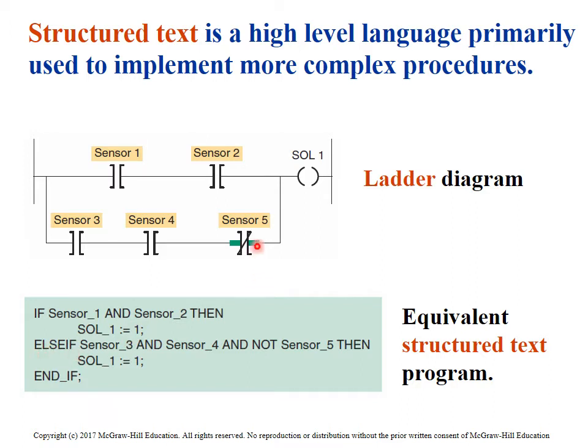Else if, so this is like an OR kind of thing, if sensors 3 and 4 and not 5, then turn on solenoid 1. So it's the same thing, just in word format essentially. Try not to let this scare you off too much. If you read it closely, you can get the same gist as this.